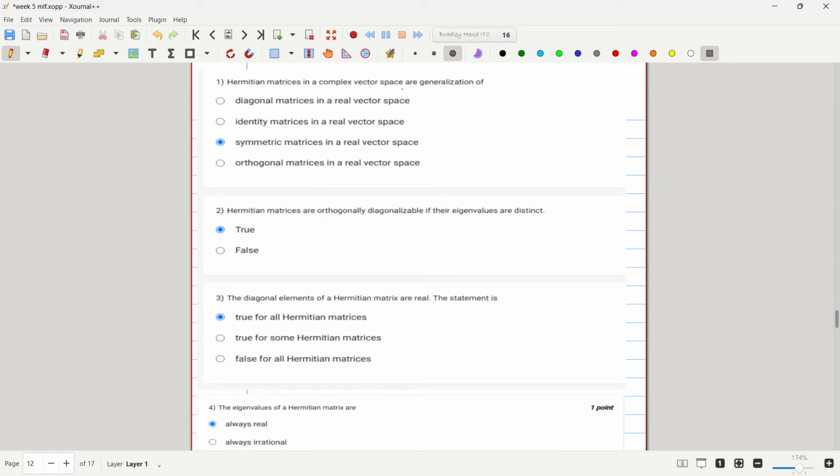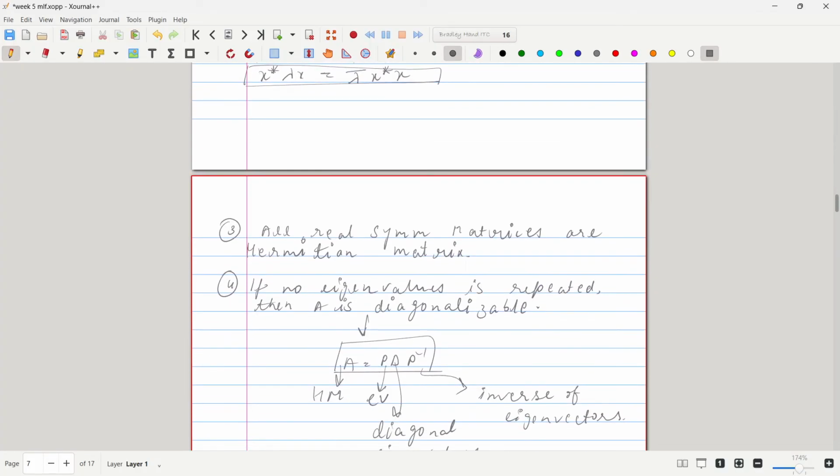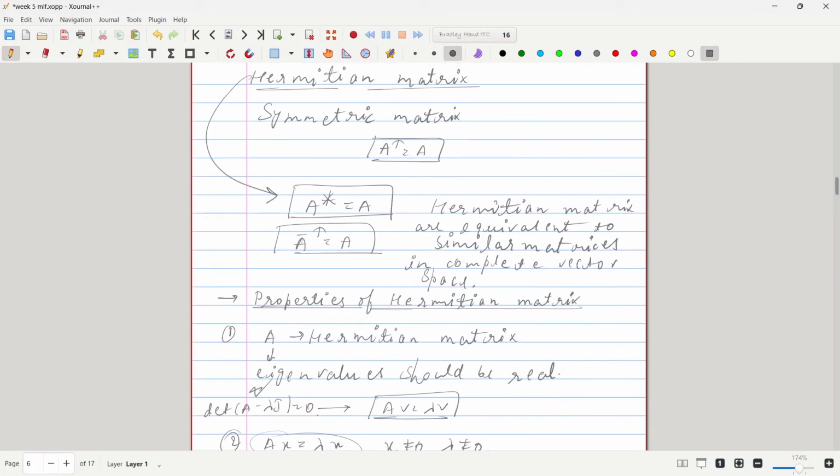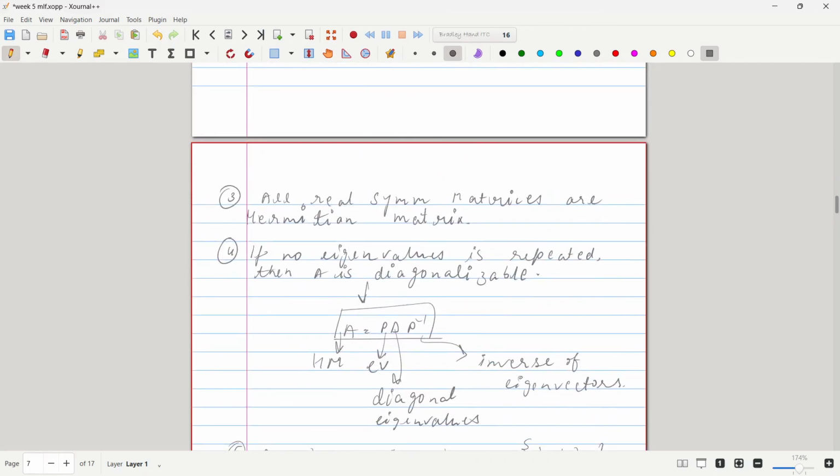Hermitian matrix is a complex vector space generalization of a symmetric matrix in a real vector space. Hermitian matrices are orthogonally diagonalizable if eigenvalues are distinct. This is also true because I have already mentioned in the video that if no eigenvalue is repeated, then A is diagonalizable.